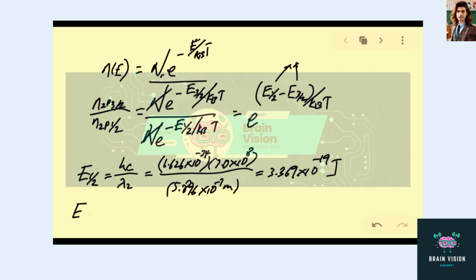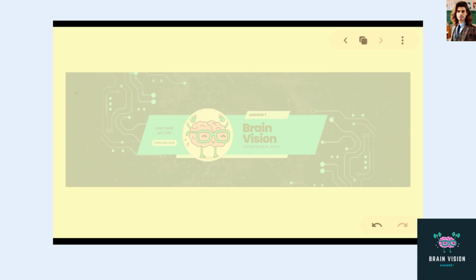We do the same for the 3 over 2 state, 2p 3/2, except that the wavelength we're going to use is 5.89 times 10 to the power minus 7 meters. And this should give us about 3.373 times 10 to the power minus 19 joules. Therefore, we can find the difference.